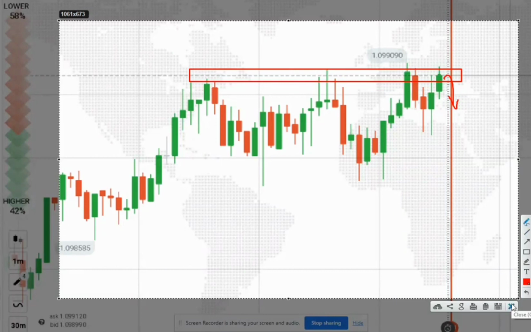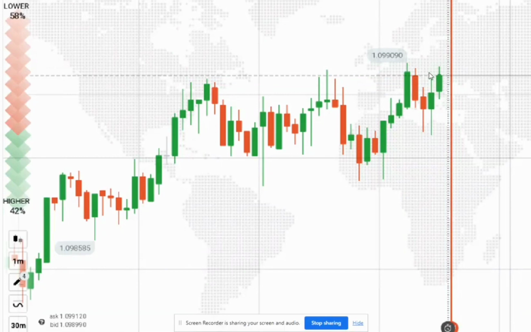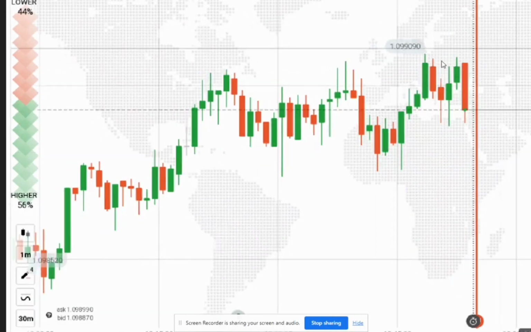So what do we do in this kind of situation? Let's see. The next candle here should be a bearish candle. As you can see, the next candle forms a bearish candle.